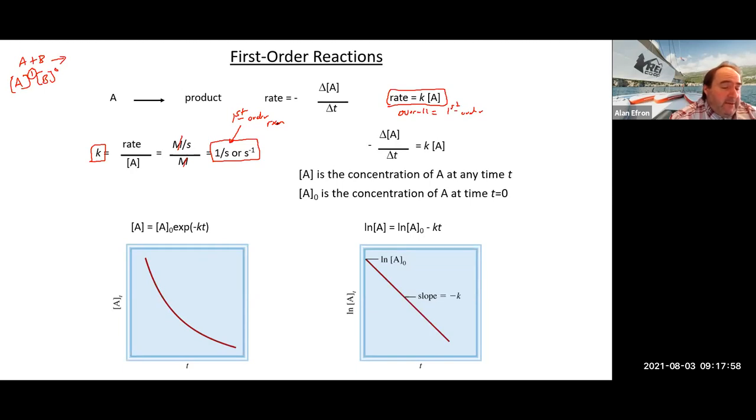Now, we see units of 1/seconds, and seconds is a very common unit in these reactions, but it doesn't always have to be seconds for it to be first order. It has to be some type of unit of time. So it could be 1/minutes, 1/hours, 1/weeks, 1/days, 1/years, but 1 over a unit of time indicates a first order reaction.